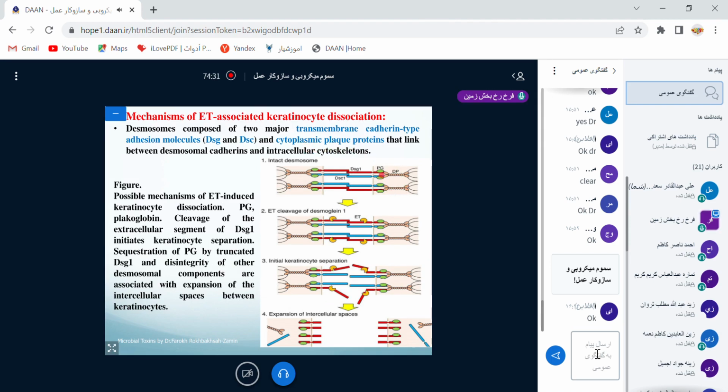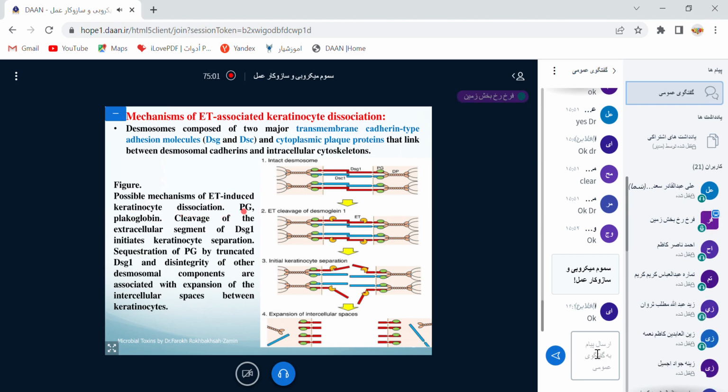These proteins are inside the right cell and inside the left cell. We call them cytoplasmic plaque proteins that link between desmosomal cadherin and the intracellular cytoskeleton.